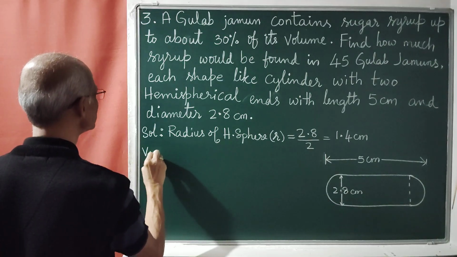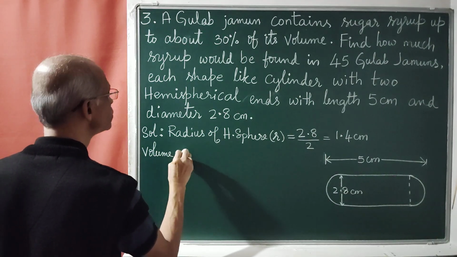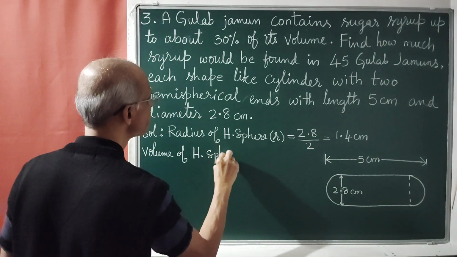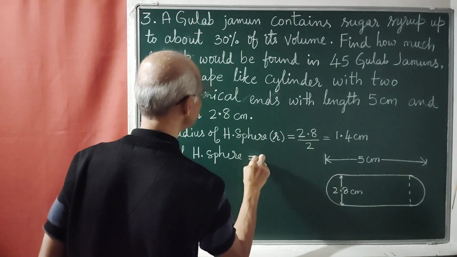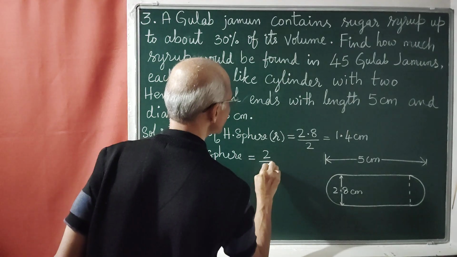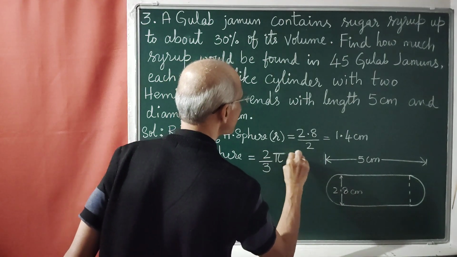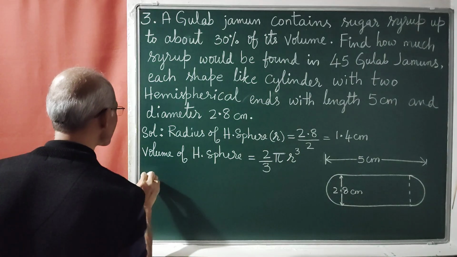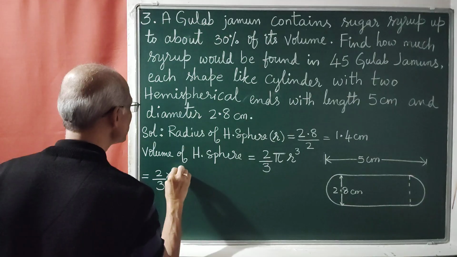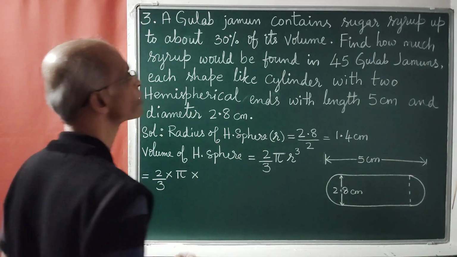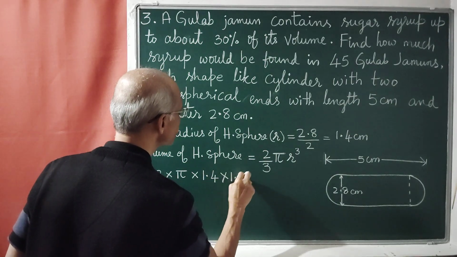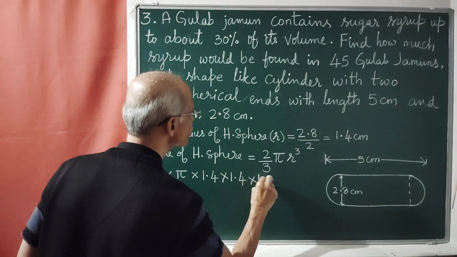So volume of hemisphere is equal to 2 by 3 pi r cube. That's equal to 2 by 3 into pi into r into r into r, so 1.4 into 1.4 into 1.4.